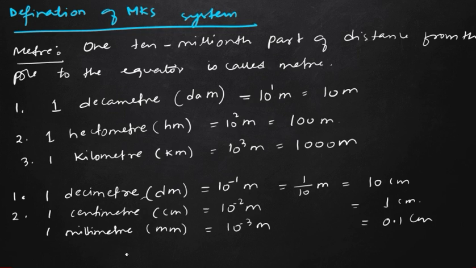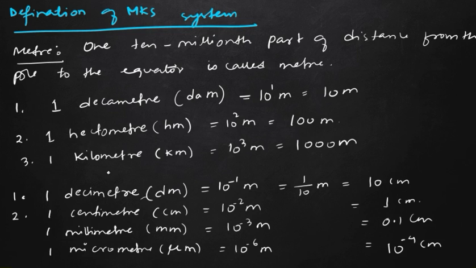Similarly, we have 1 micrometer, written with the symbol mu, mu m. It is 10 to the power minus 6 meter, or 10 to the power minus 4 centimeter. Next we have 1 nanometer, nm. N represents nano, m represents meter.